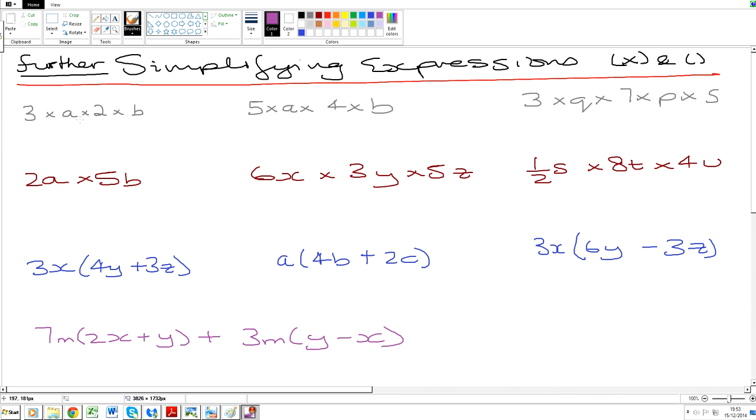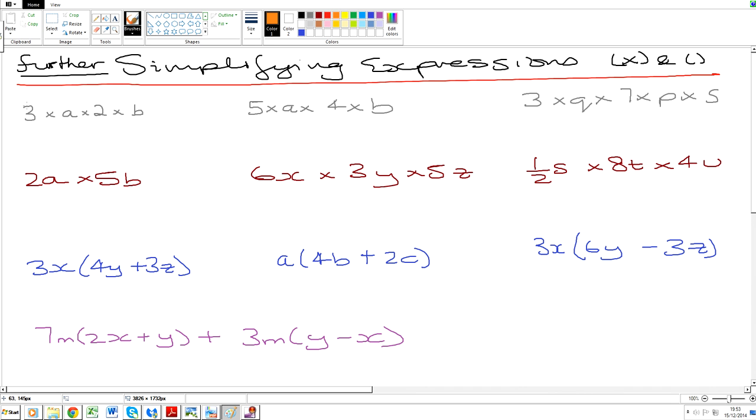Right, first one. If you read the first one, it says 3 times A times 2 times B. What we do here is look at the numerical terms and simplify them by multiplying them together.